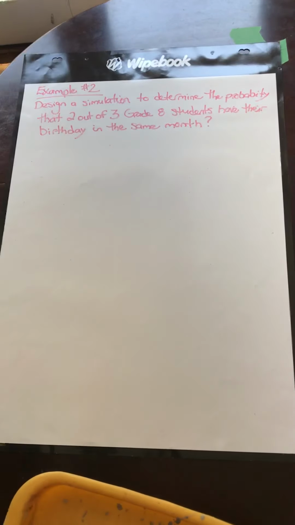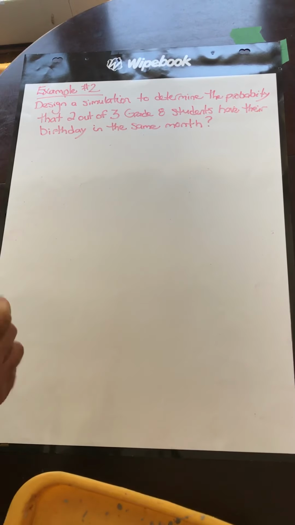Okay. We want to go into another experiment. So this one's a little bit more in depth. In this example, we want to design a simulation to determine the probability that 2 out of 3 grade 8 students have their birthday in the same month. So we have to think here.